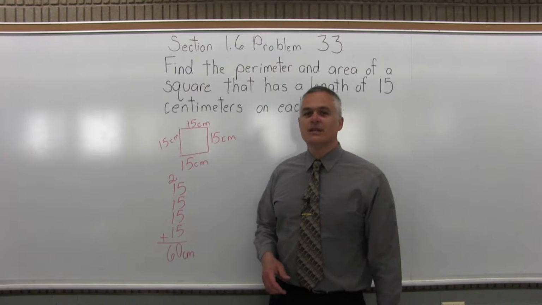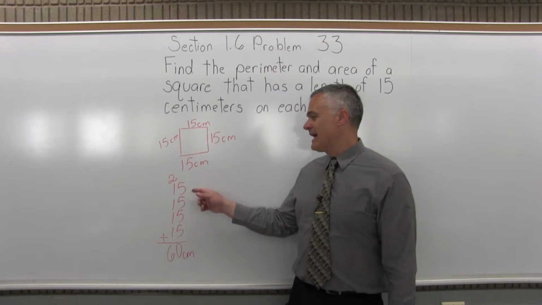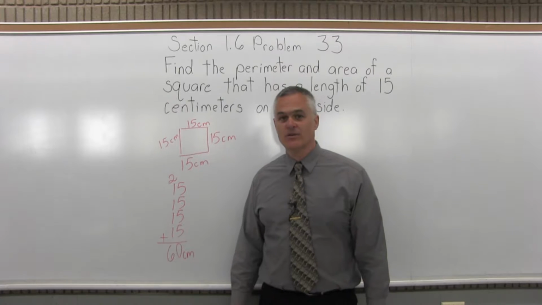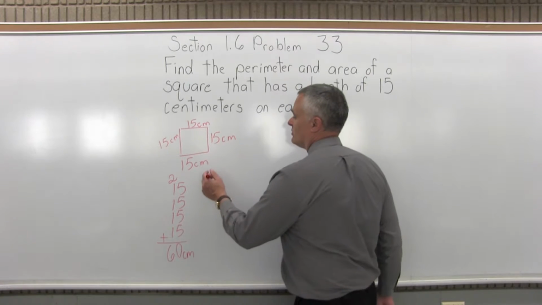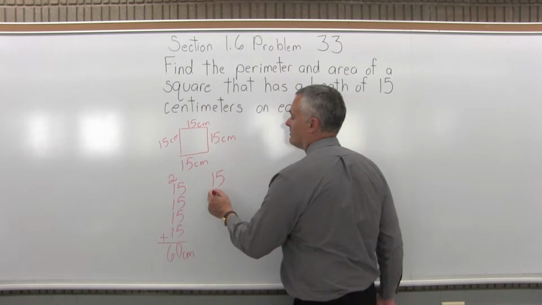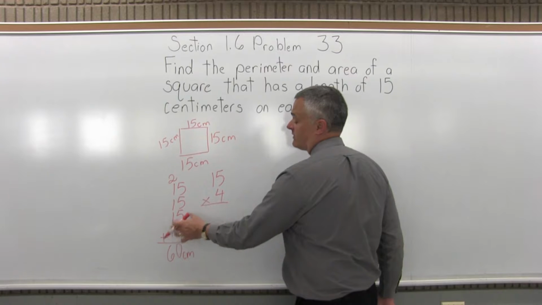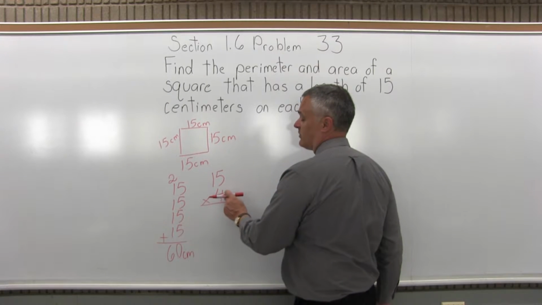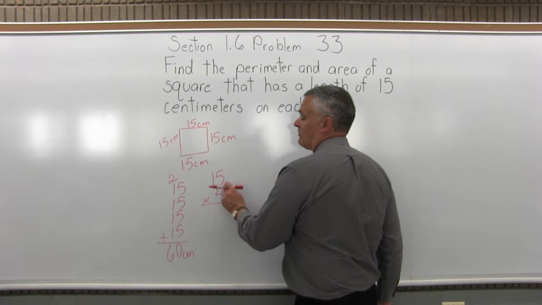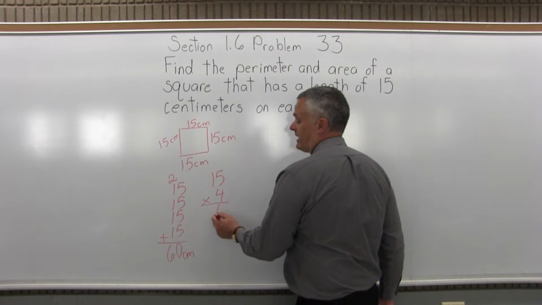Now, here's an interesting thing to notice. If I'm adding 4 15s together, it's just as well that I do 15 times 4. It has to give me the same result. There are 4 15s added together, so I could add the 4 15s together or multiply 15 times 4. So if I multiply, 4 times 5 is 20.